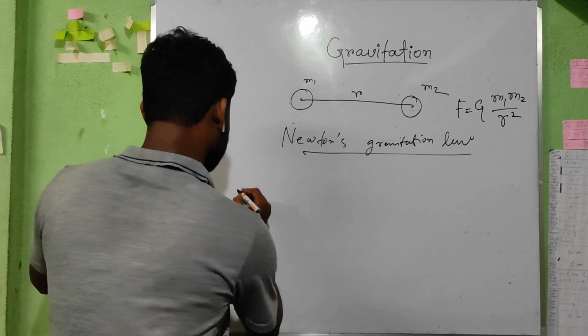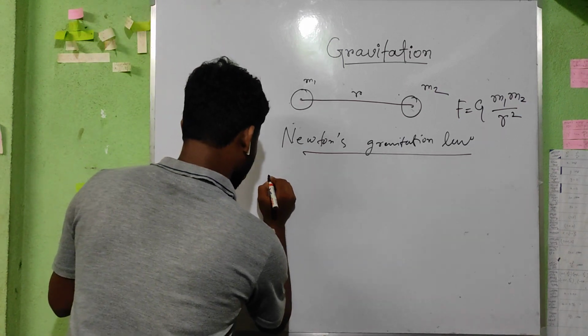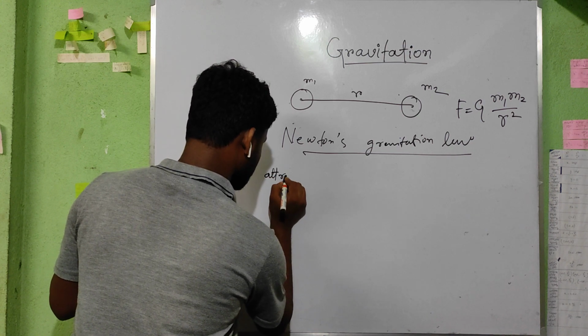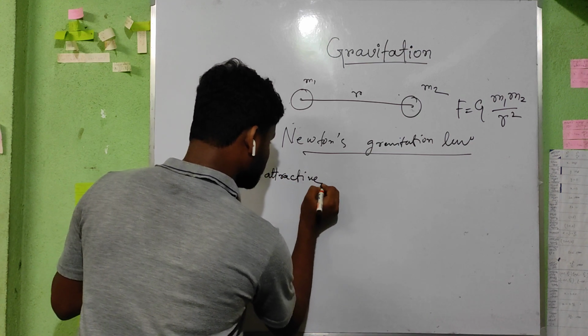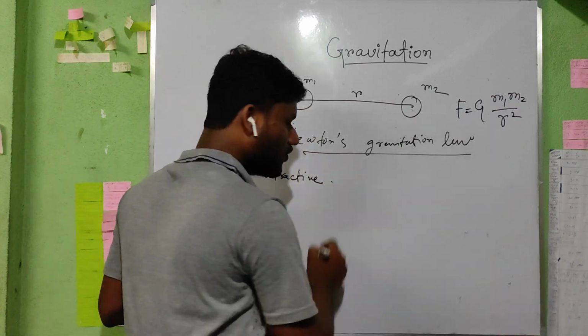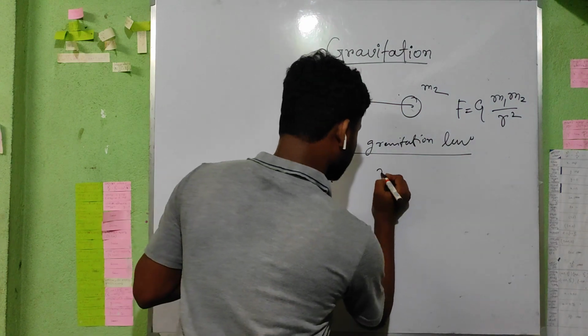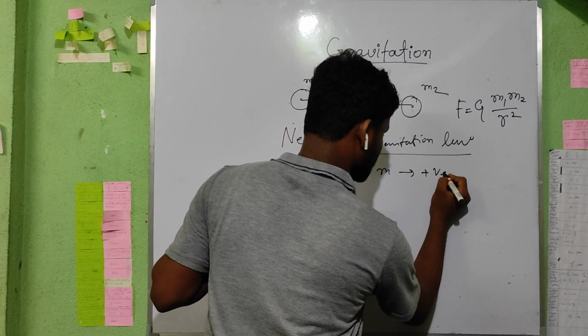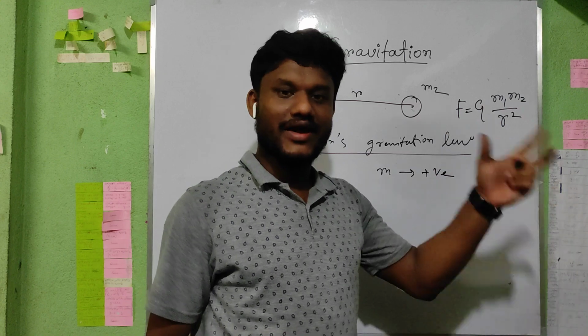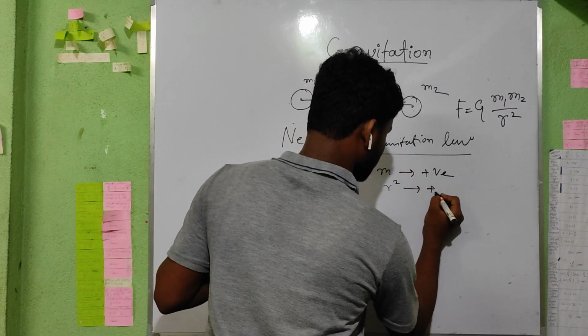So what are the features? First one, the most important one, it is attractive. This force is an attractive force. Why? Because we know in nature mass is always positive. So m is always positive, and distance square is always positive, so r square is always positive.